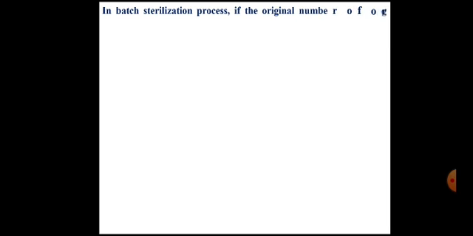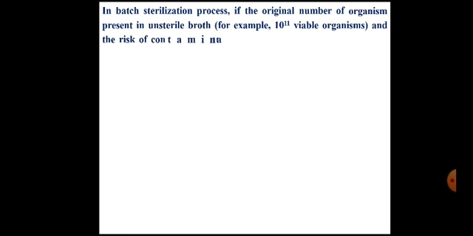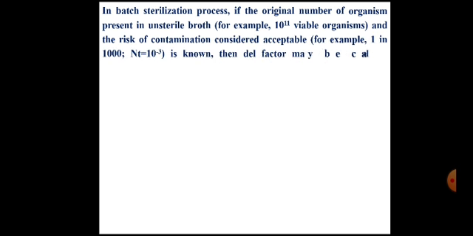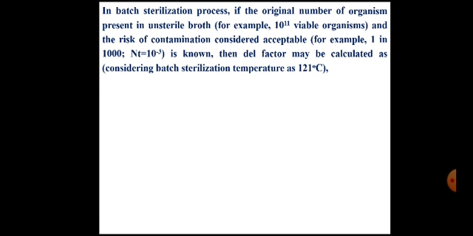Now we'll see one example. In a batch sterilization process, if the original number of organisms present in unsterile broth is 10 raised to 11 viable organisms, and the risk of contamination considered acceptable, that is the value of Nt, is 1 in 1000. That means the value of Nt is equal to 10 raised to minus 3.